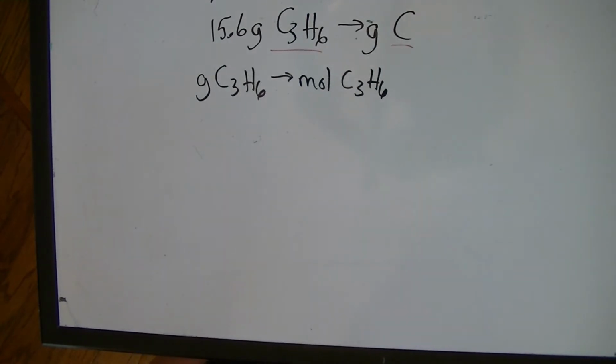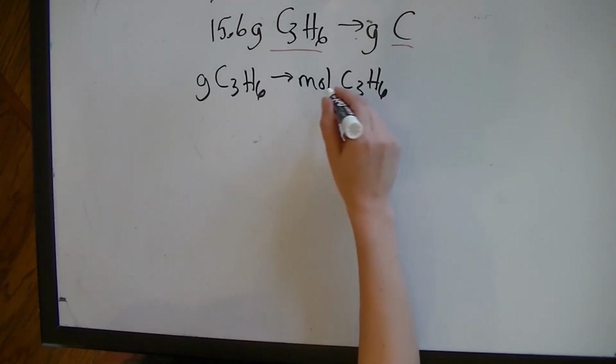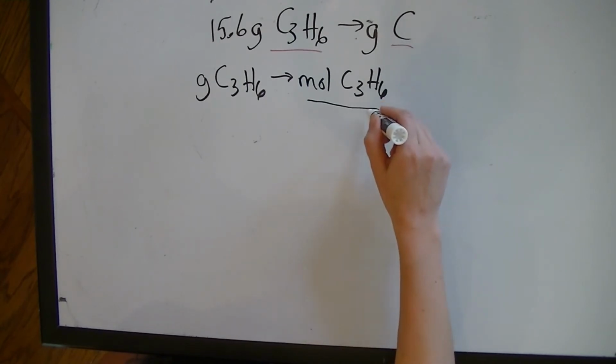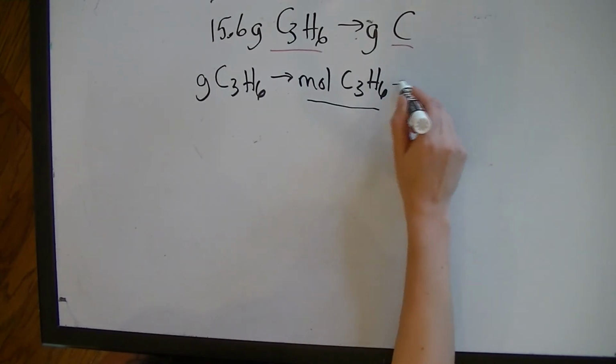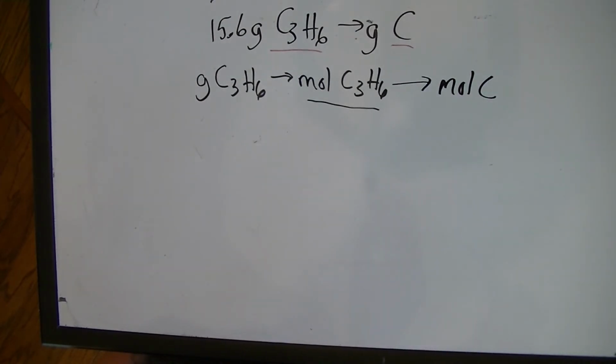Okay, now, why do I want to be in moles? Because if I'm in moles, I can use the mole ratios. So we talked briefly about mole ratios in class. So if I'm in moles of C3H6, I can use the mole ratio to get to moles of just carbon. So let's look quickly at how we're going to do that.